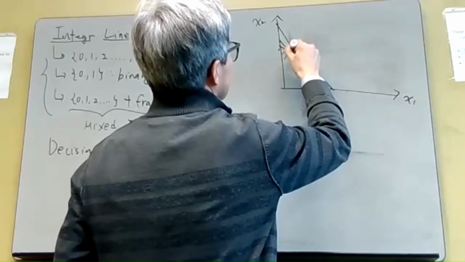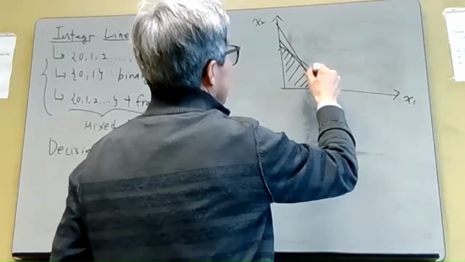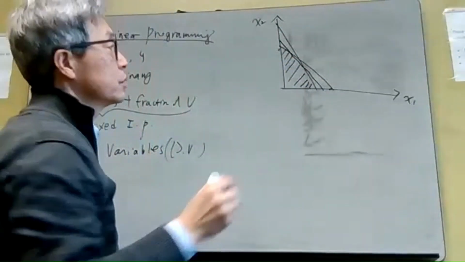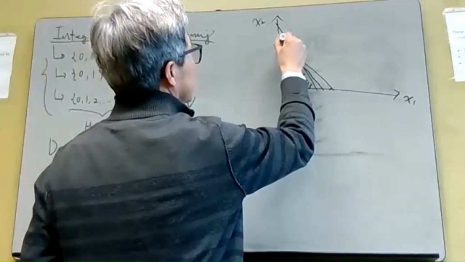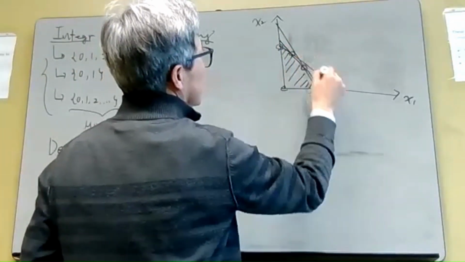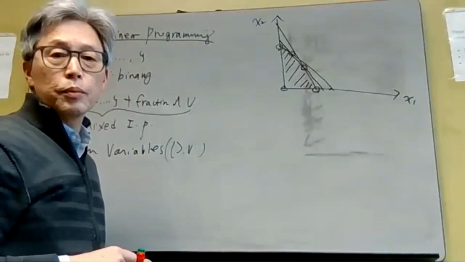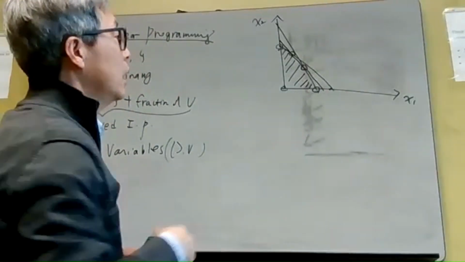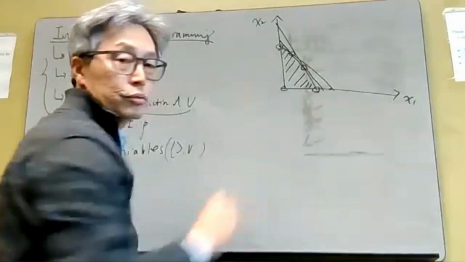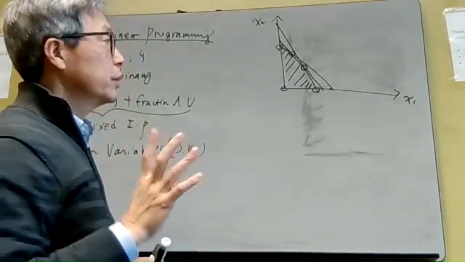So our solution was like this. As you remember, our best solution will be one of these corner points, and we cannot have negative solutions.